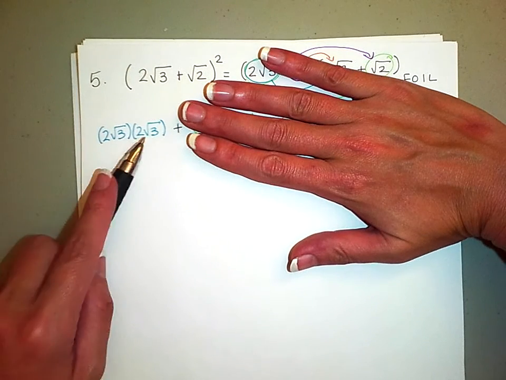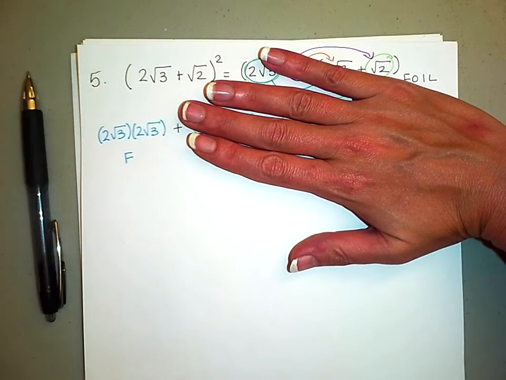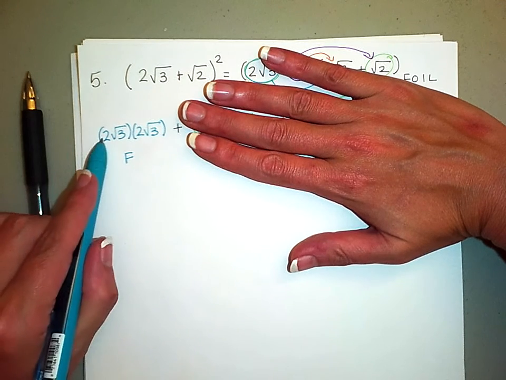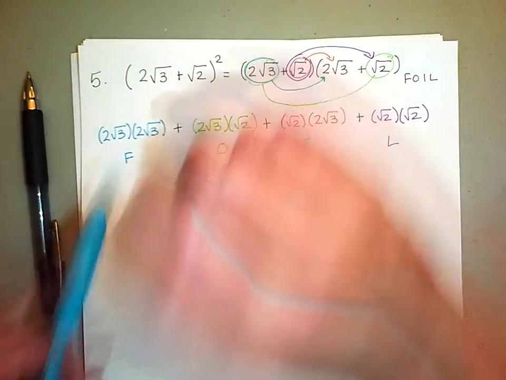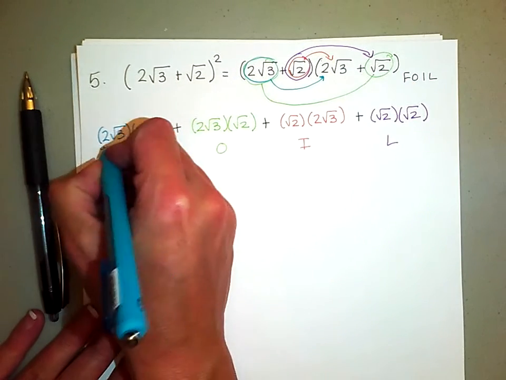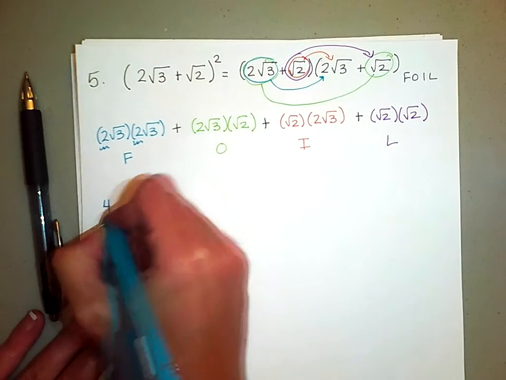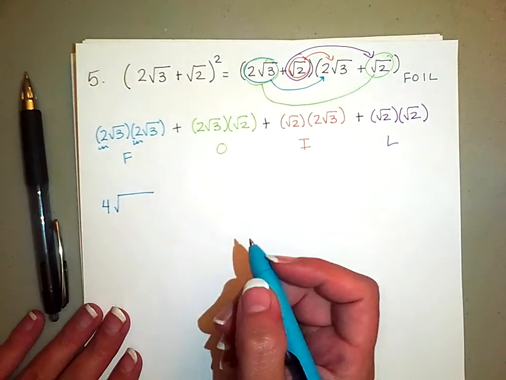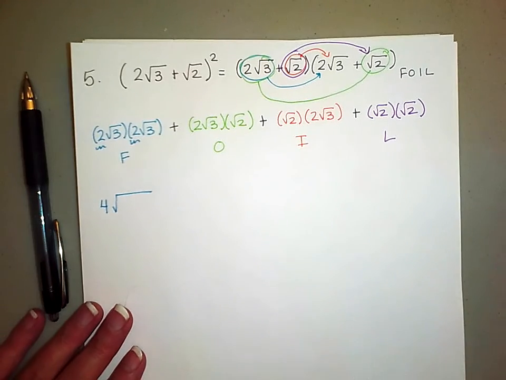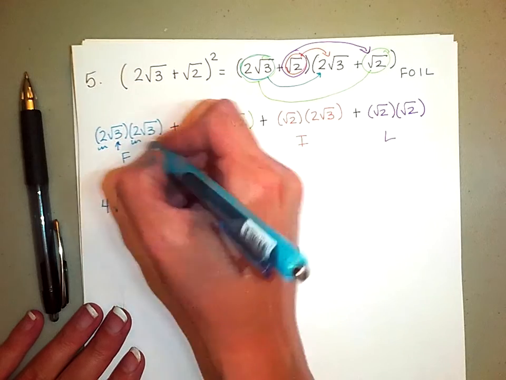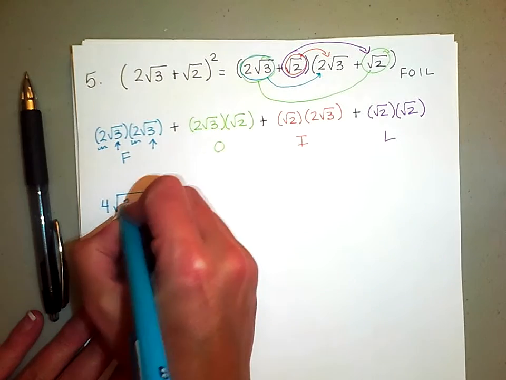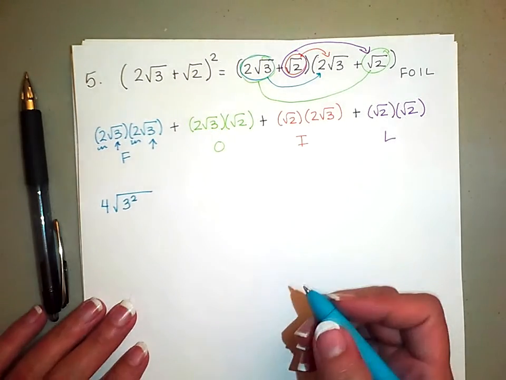So here, when I'm multiplying, remember I multiply everything on the outside. So 2 times 2. 2 times 2 is 4. And then we multiply what's under the radical. And the radical, here we have square root of 3, square root of 3. So this is square root of 3 squared.